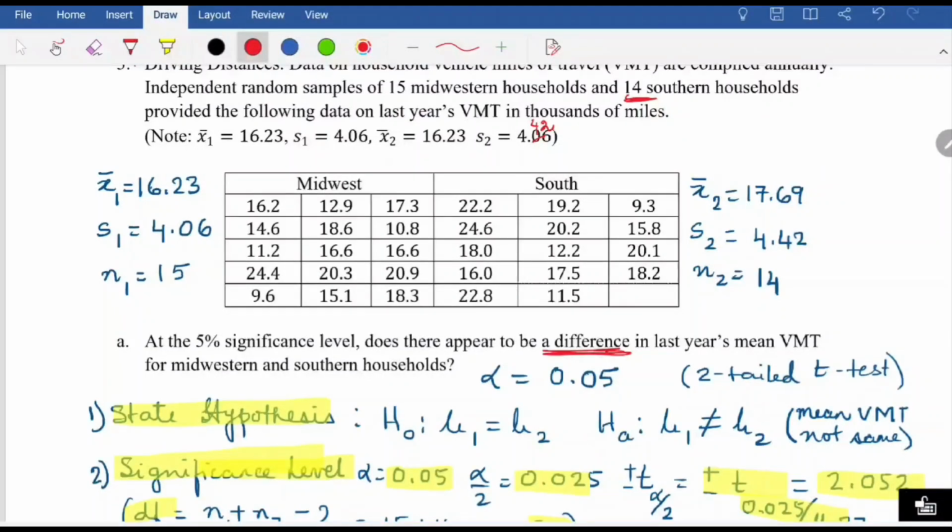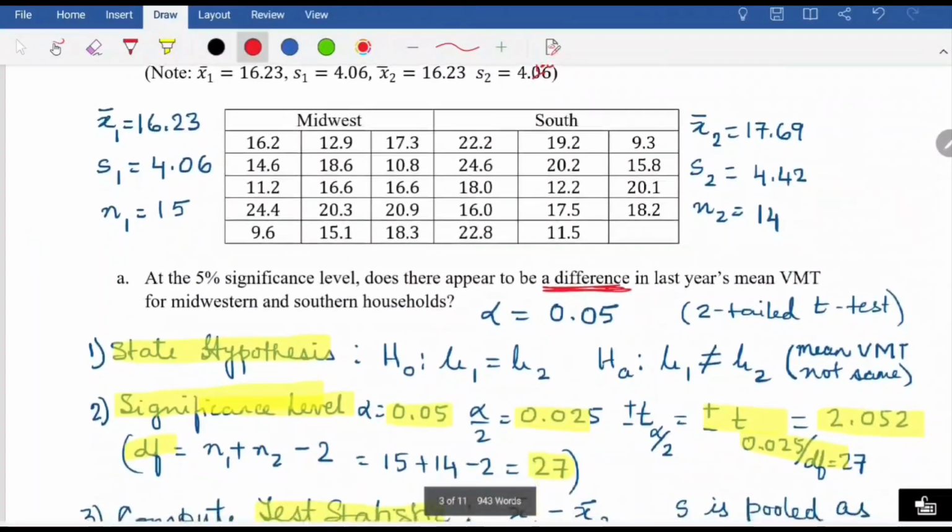You don't have to look for whether the population standard deviation sigma is provided or not. It doesn't matter. We are using the t-distribution for all questions on chapter 10 whenever we are comparing differences.